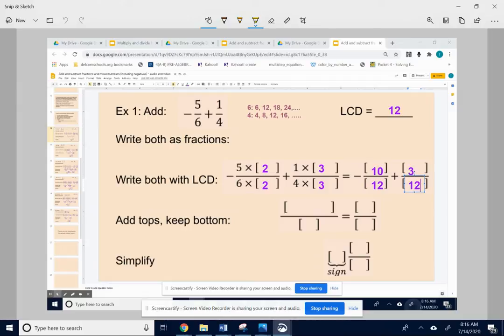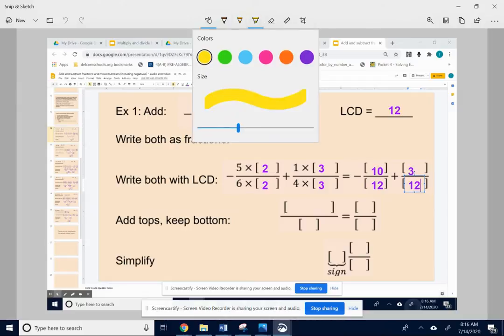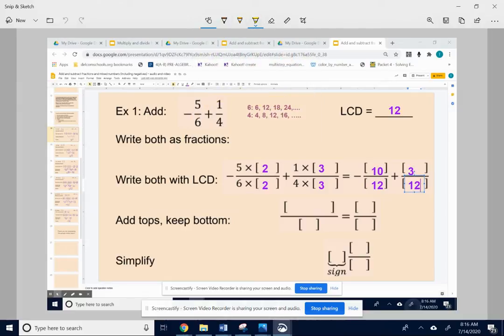I like to go back to my problem and just look at everything above the 12s. Look what I have there. I have a negative, I have a 10, I have a plus, I have a 3. So I'm just going to think of that left to right: -10 plus 3.